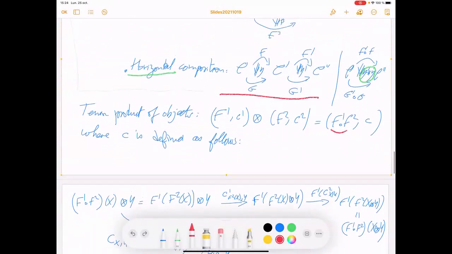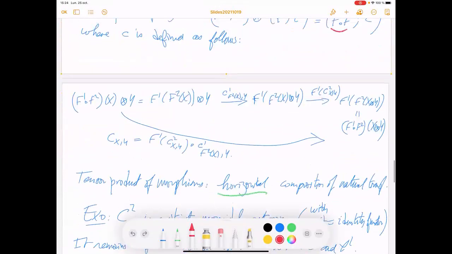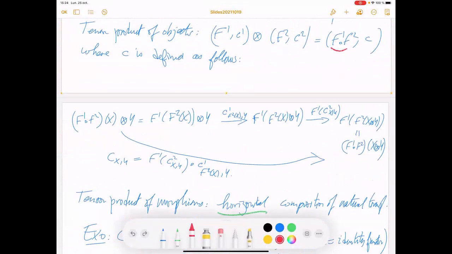The tensor product of objects is just the composition of functors. We need to say what c is in the composition. So c is given by this composition here, by this isomorphism c_{X,Y}, and each c_{X,Y} is a composition of that and that. So each c_{X,Y} can be written like that.